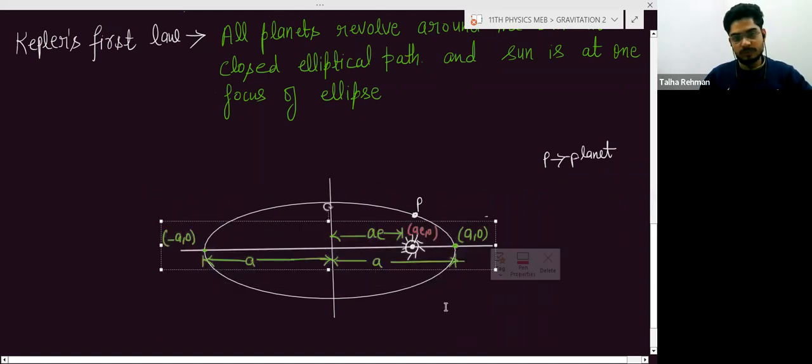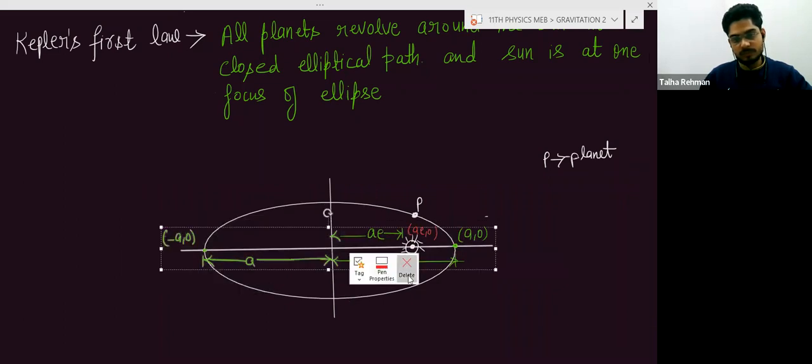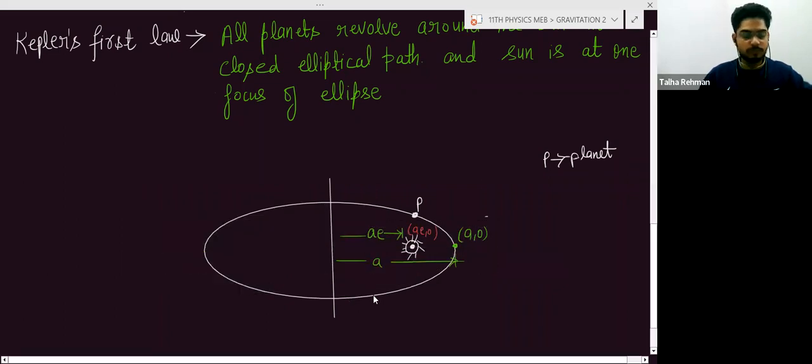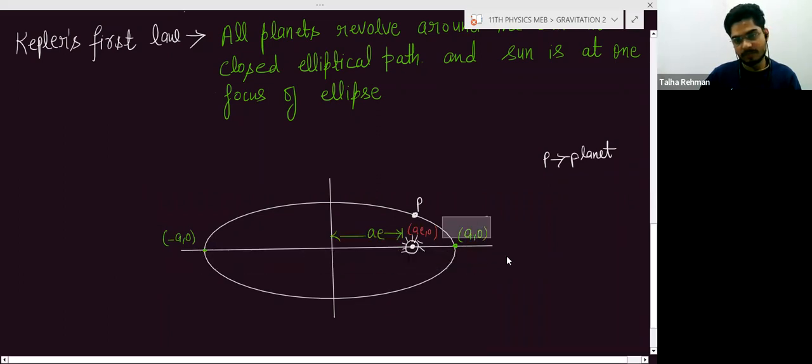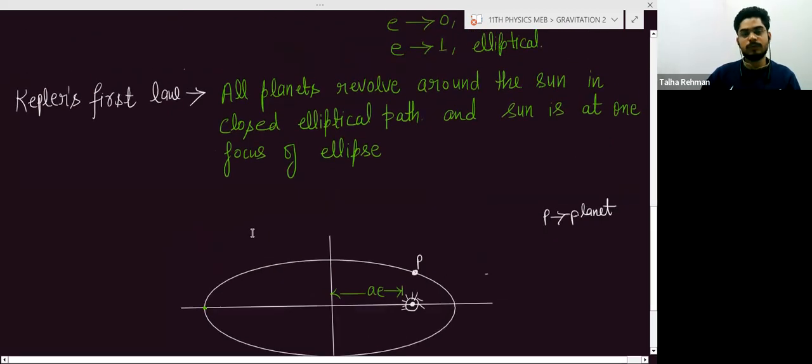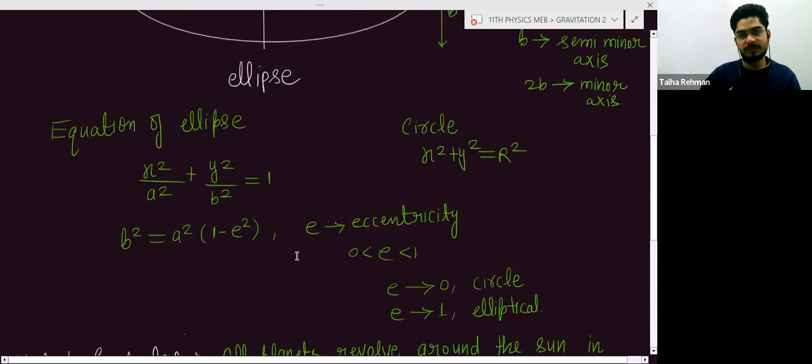So this is the planet, this is the sun. Suppose this planet is revolving anti-clockwise like this.